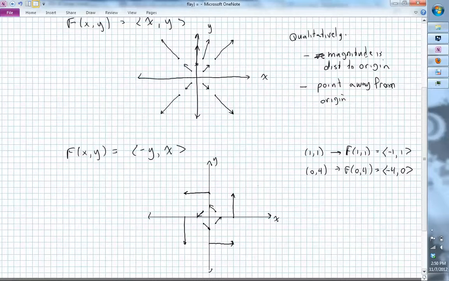Now remember, I'm just sketching arrows in at certain select points to try to visualize what's going on in the whole field. How would you describe this field qualitatively, in terms of magnitude and direction?